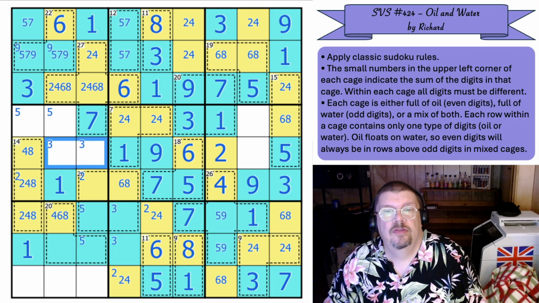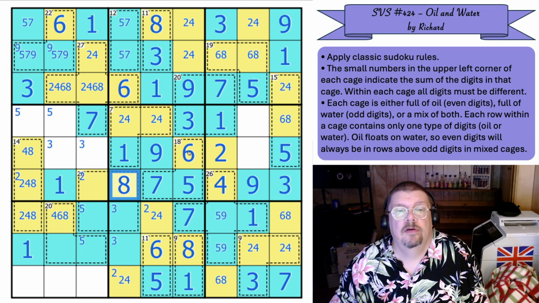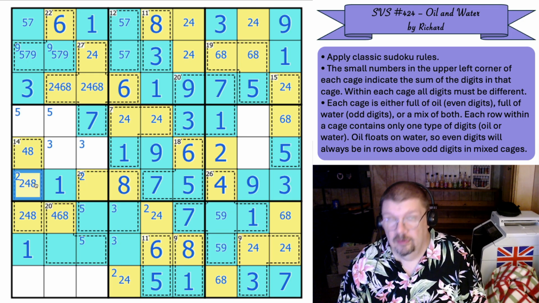One of those two is a 3. That's an 8 because of the box. So that is not 8.